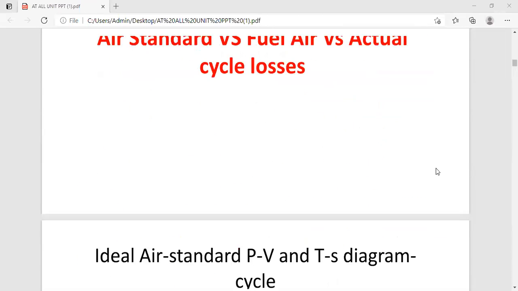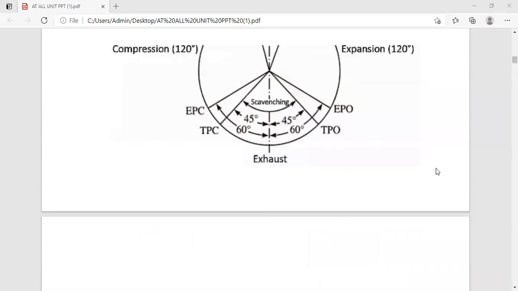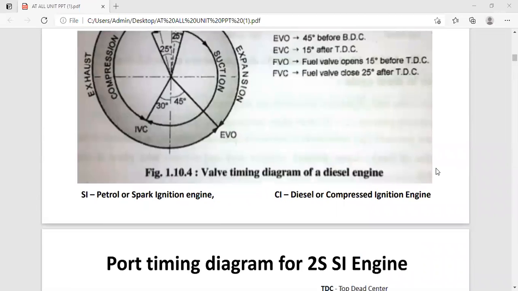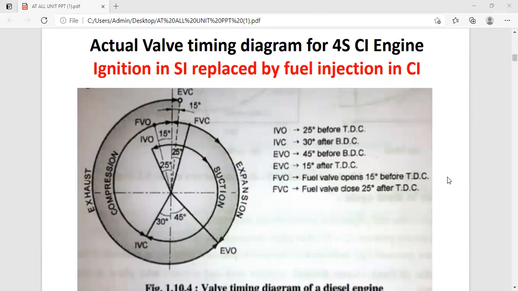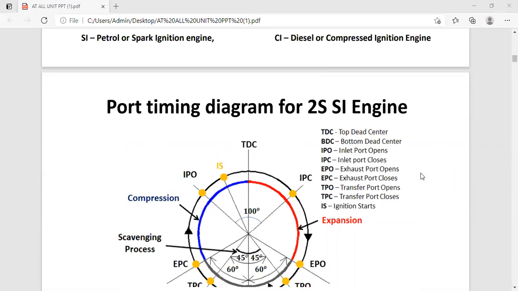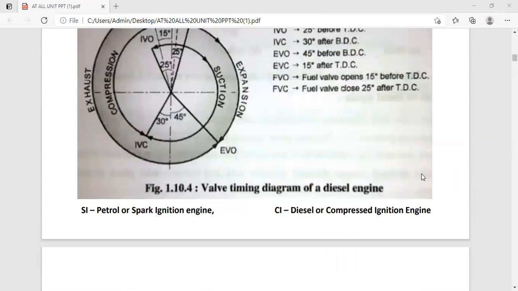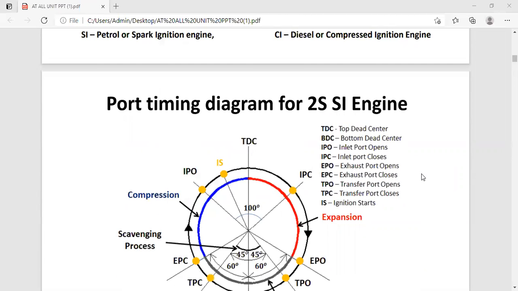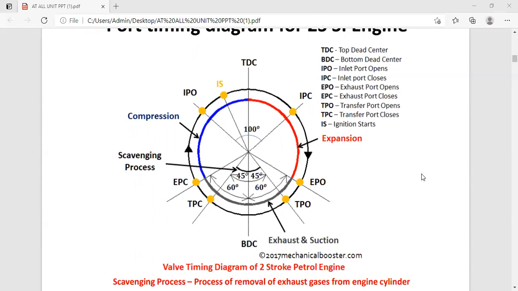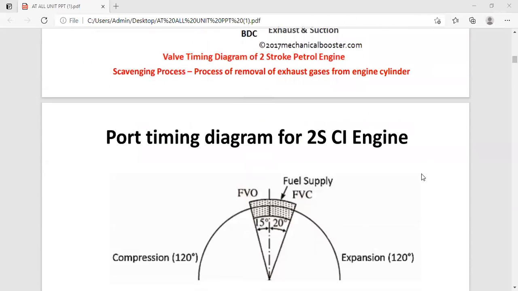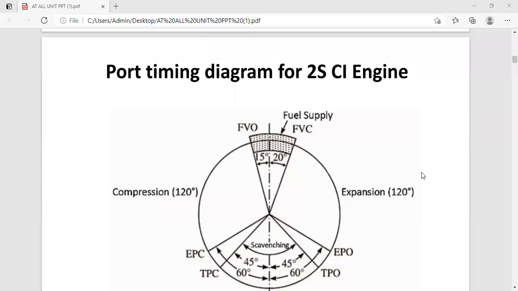So in today's lecture we have discussed the actual valve timing diagram for the CI engine. Next we have discussed the actual valve timing diagram of the SI engine. Next we have discussed the port timing diagram for the SI engine. In next point we have discussed the port timing diagram for the two-stroke CI engine.